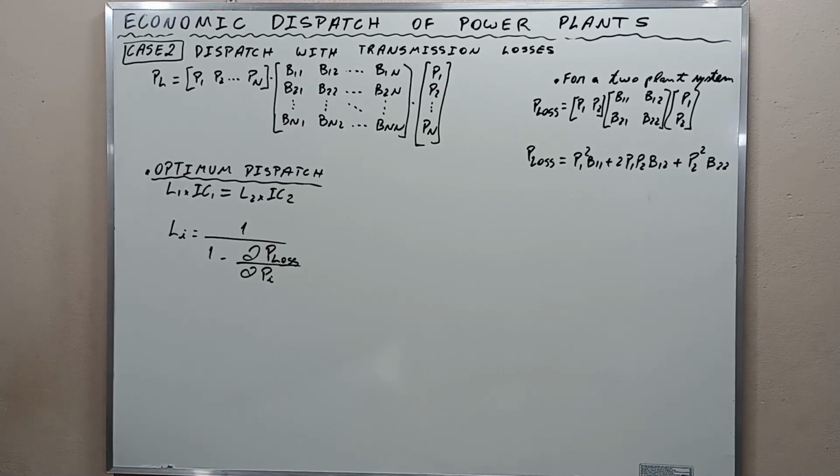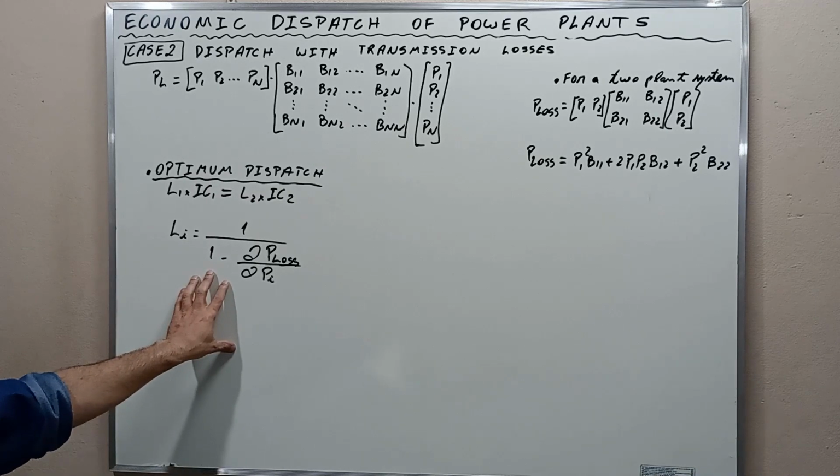When there are transmission constraints, optimum dispatch will be achieved when the product between the incremental cost and the penalty factor is equal for all plants. And this is the penalty factor.